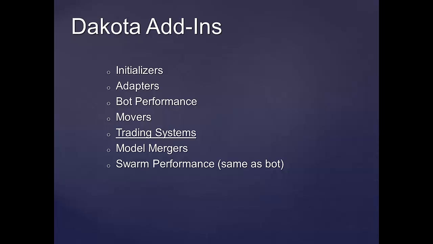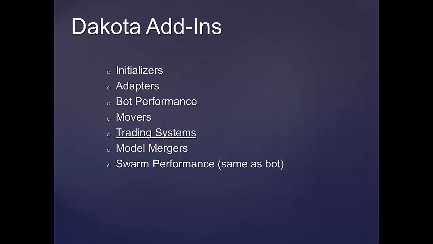An initializer is code that takes the trading system's parameters that are being walk-forward adapted and initially puts them somewhere into their ranges, whether that's randomly or in some structured form. Next come the adapters, which, based on the bot's performance, typically move those parameters.